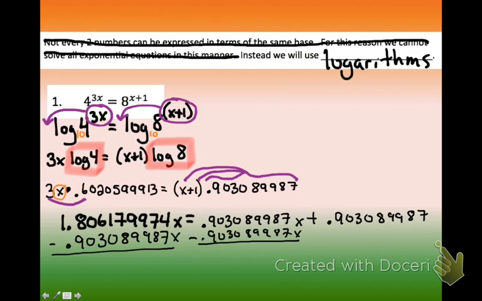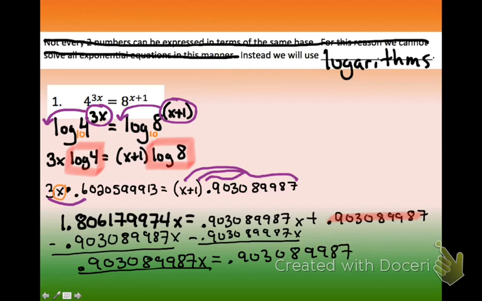And what we will end up with, if I subtract that, is 0.903089987x. And that's equal to the other piece that we're just going to bring straight down, which is 0.903089987. And then the last step is to just divide both sides.